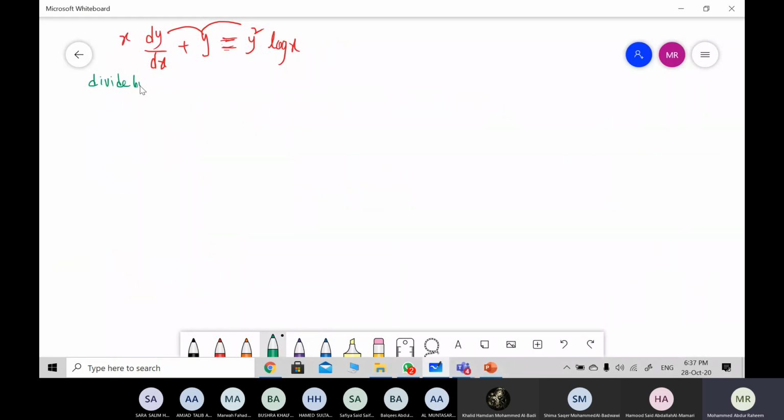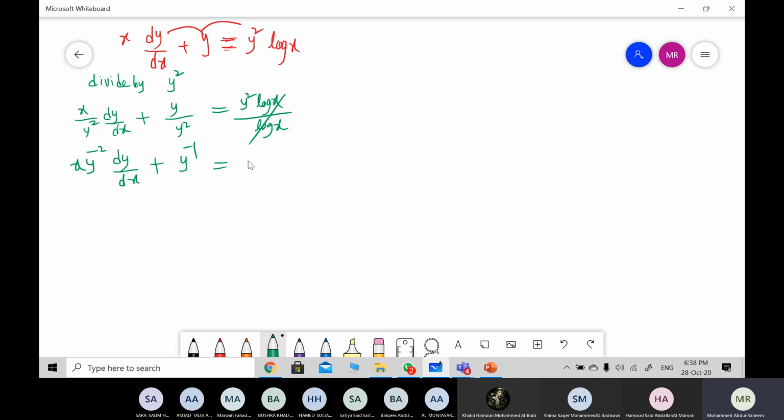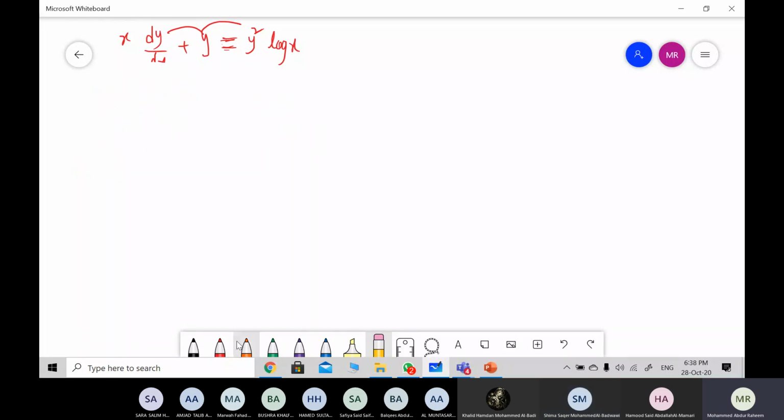Divide by y square. Clearly this is x y power minus 2, and this is y power minus 1. Sorry, a big fault I did because my daughter came in between.